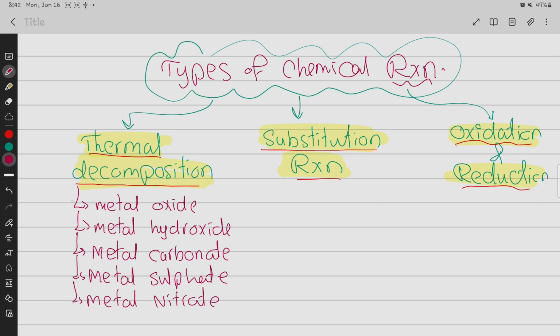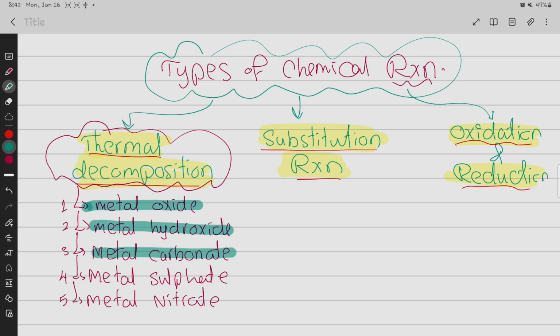Okay, so 1, 2, 3, 4, and 5: five types of thermal decomposition reactions. Again, metal oxide, metal hydroxide, metal carbonate, metal sulfate, metal nitrate.